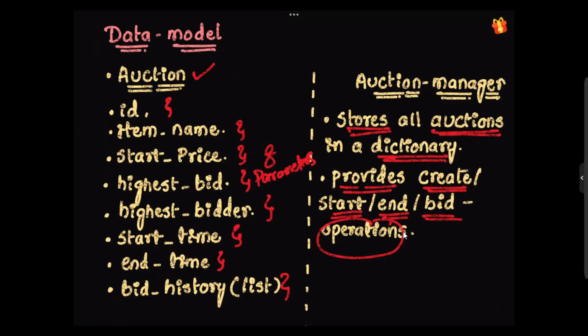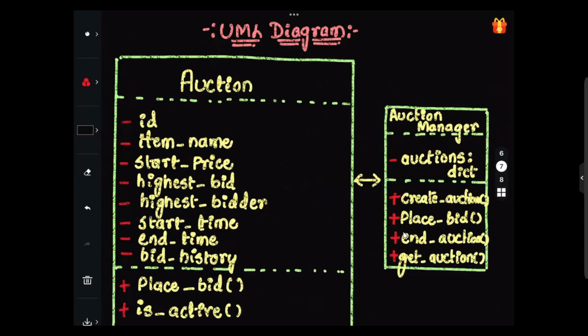I have designed a UML diagram. Let's move on with the UML diagram part. This is the main part. First, this is the auction. We'll be going with the auction class as discussed. It consists of the ID, item name, start price, highest bid, highest bidder, start time, end time, as well as the bid history.